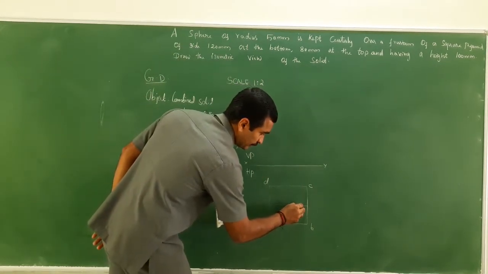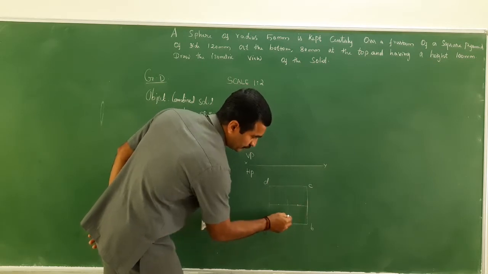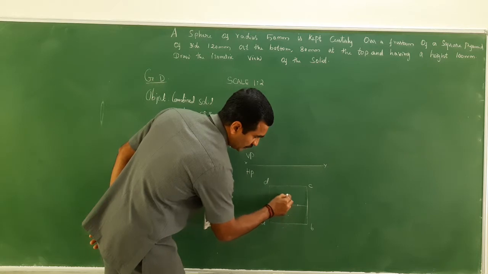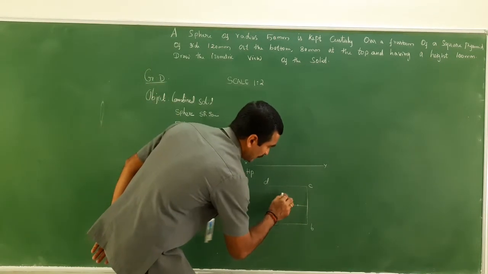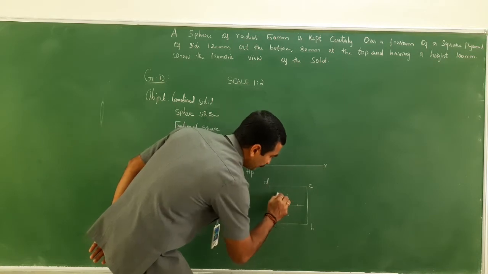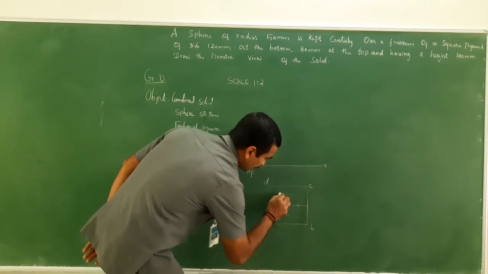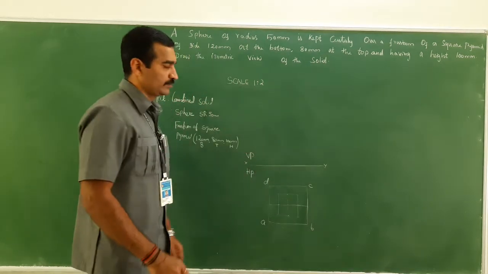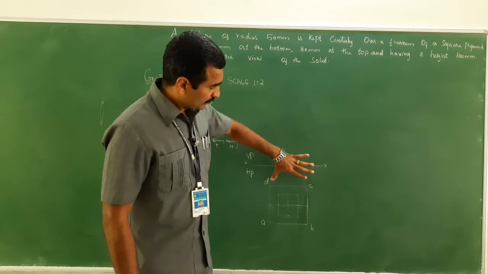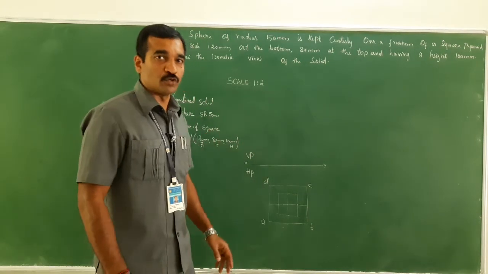So, here cut an arc, 20, 20, 20, 20. Now draw a parallel line to the periphery or the XY line. Draw a parallel line. Now draw a vertical line.